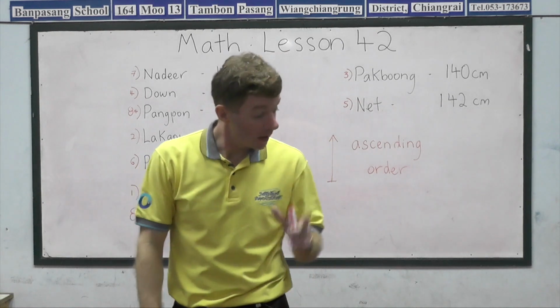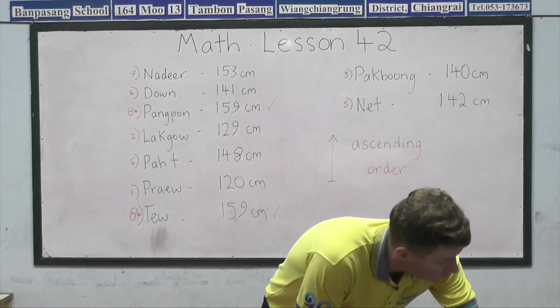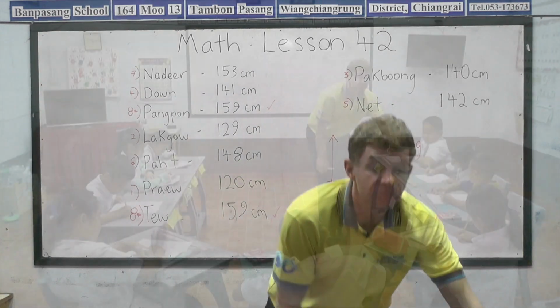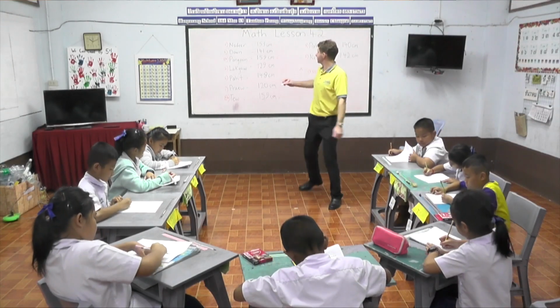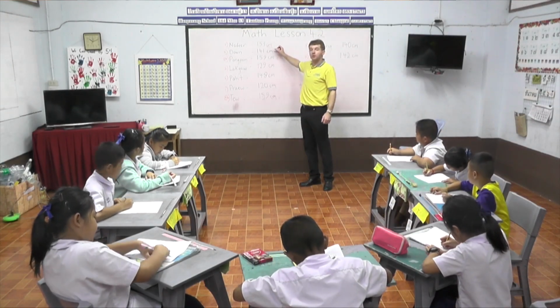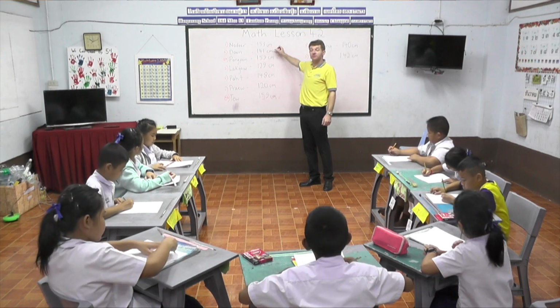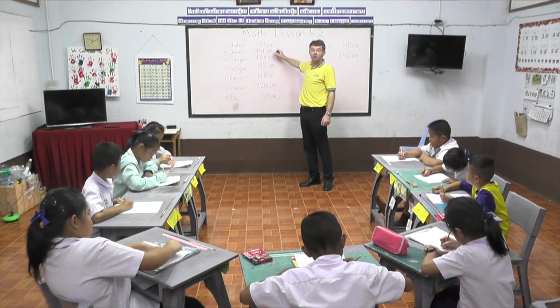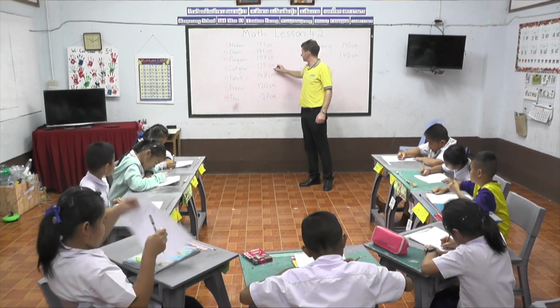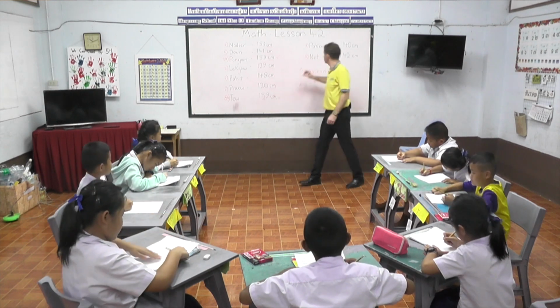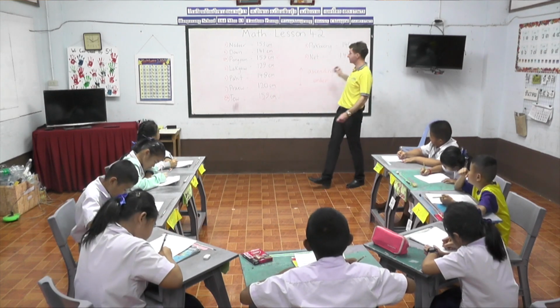So any questions? And remember, always write your unit of measurement. Don't forget what are we using to measure our jumps? CM stands for? Centimeters. Okay, guys, don't forget your unit of measurement, centimeters.